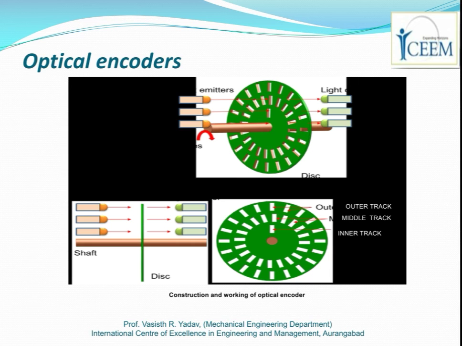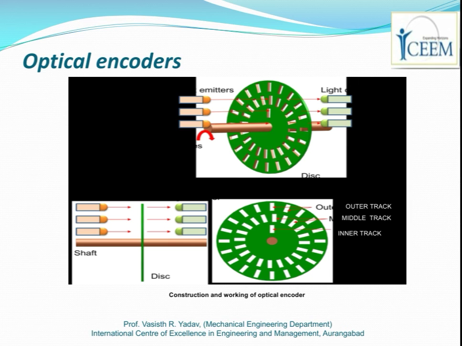Whenever there is a linear or angular displacement, that displacement will be measured and a digital output will be provided. That is where an optical encoder is utilized. They are widely used in servo motors to measure the rotation of the shaft, that means angular displacement, right?